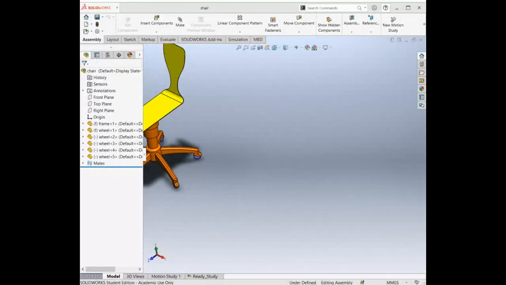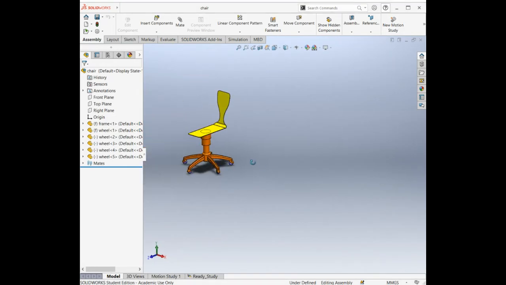What I want to show you is this chair. I didn't sketch it myself. It's part of SolidWorks' tutorial packs. What's cool is this tutorial I'm looking at here shows you how to run a simulation study on this thing.